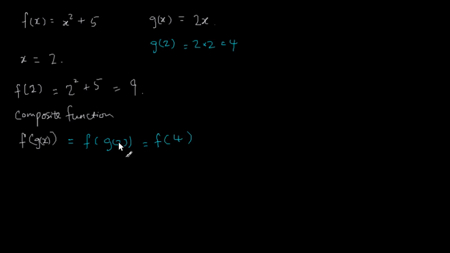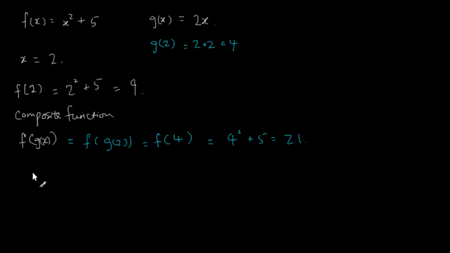Now I have a value for the function f, which I can calculate using this formula, x squared plus 5. Substituting, I get 4 squared plus 5, which is 16 plus 5, which is 21. So that's a composite function, what I get when I combine two functions together.